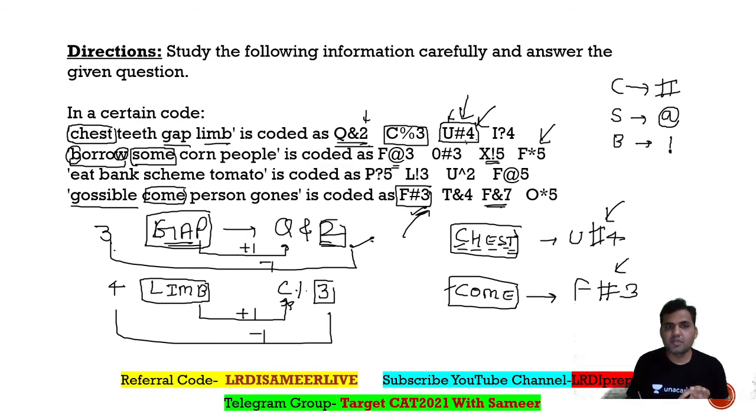This must be used for people, right? Because you have the 5 here, F here, so this will tell you there's a code of people. So for P, the sign used is asterisk, right? And if you look at this symbol, this whole code must be because of a word ending with T, and that word is eat, and the first letter is E. So that means for E, the letter has to be this, right?